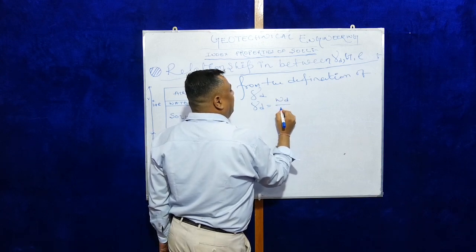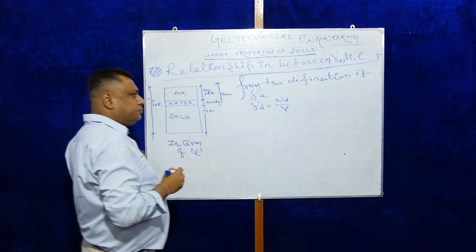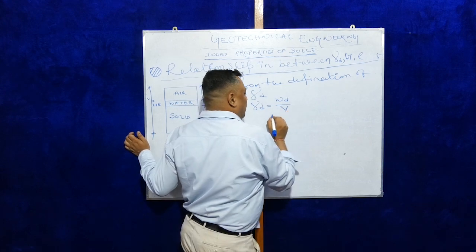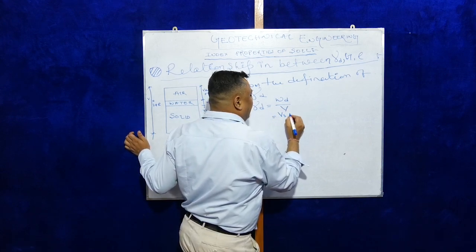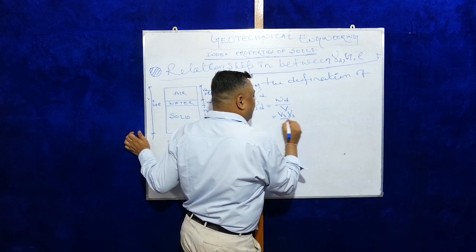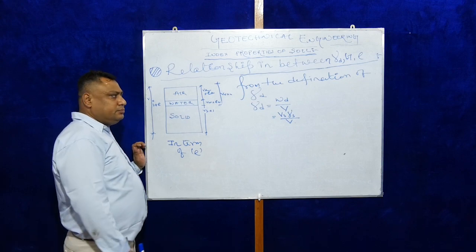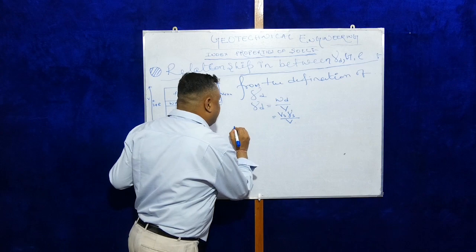Weight of dry soil mass to its unit volume. Now, what is weight of dry soil mass? Weight of dry soil mass is equal to volume of soil solids times the unit weight of soil solids. Next, from the definition of specific gravity.